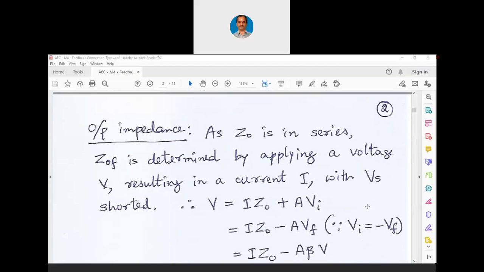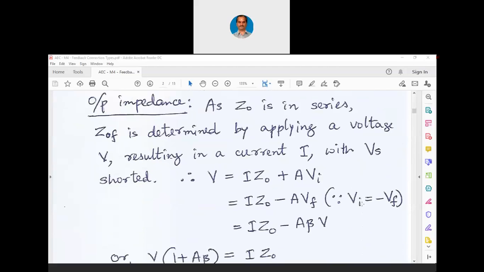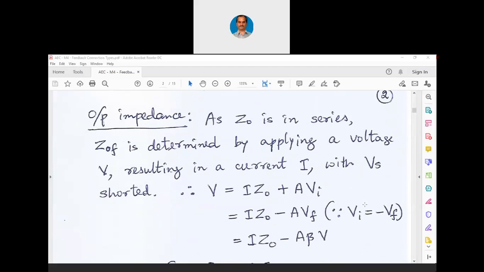Now moving on to the output impedance. For measuring the output impedance, now Zo is in series at the output. Zof is determined by applying a voltage V resulting in a current I with the Vs shorted. As you already have studied with Thevenin's equivalence, the voltage source needs to be shorted here.